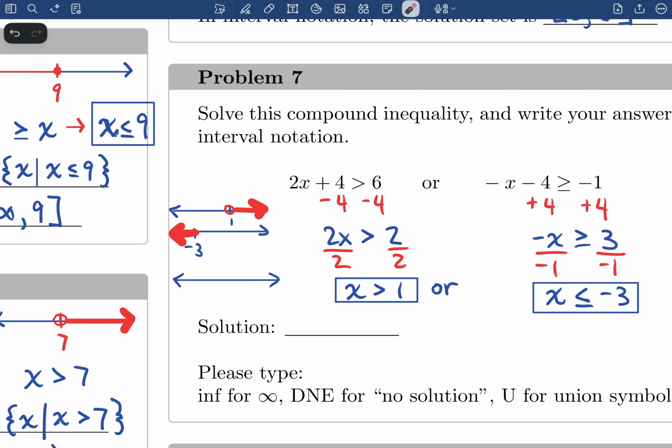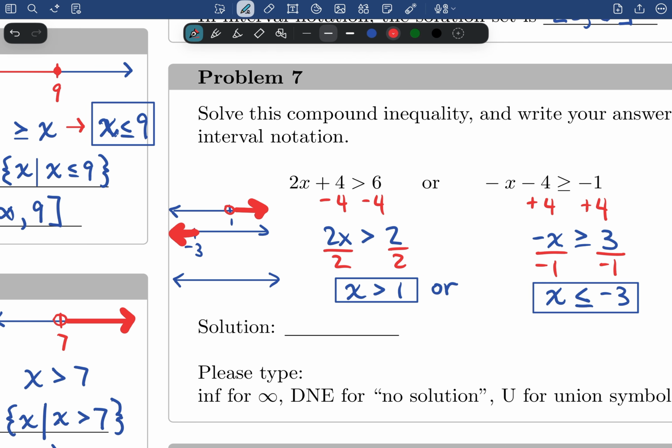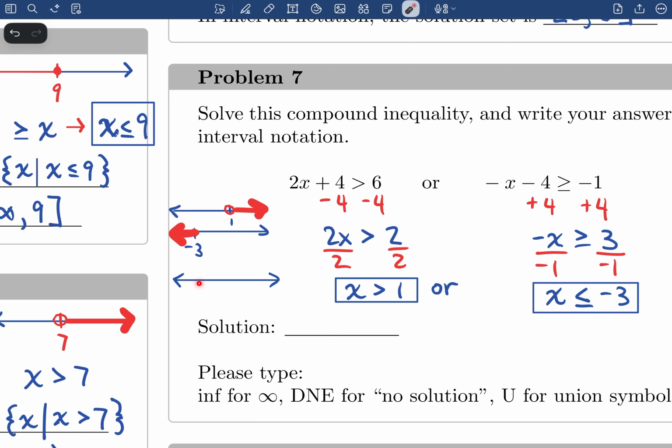Now, the word or, right, the word that I have between these two inequalities is or. It means find the solutions that are solutions to either of the inequalities. So I'm going to drop all of the shaded stuff that I have to my final solution. All of the shaded stuff gets written below, okay?